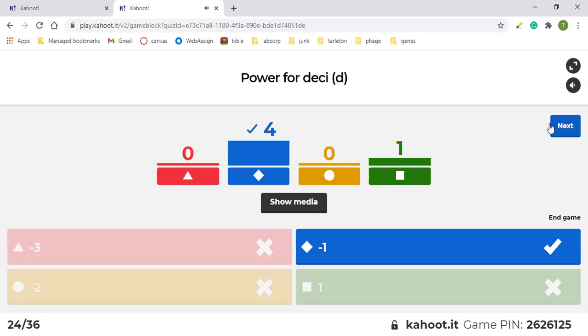Deci is 1 times 10 to the -1st. This one won't be used a whole lot. It might be used later in the semester, depending on the examples and problems he gives.